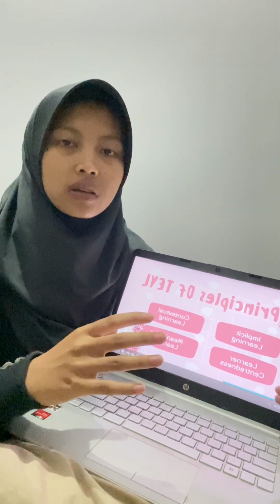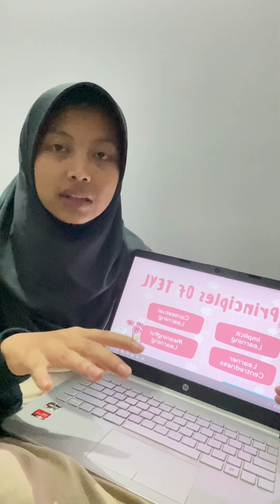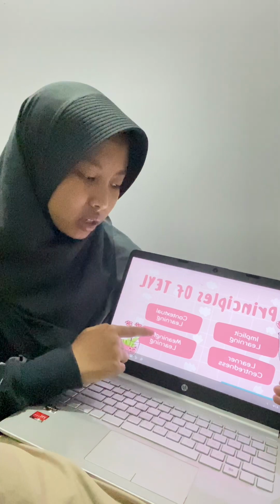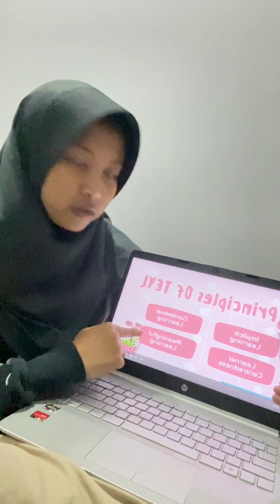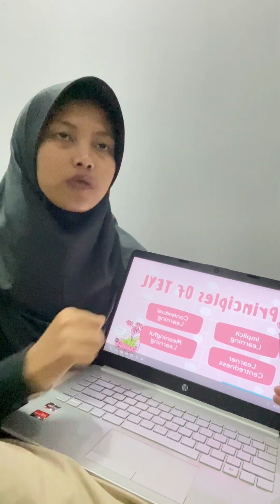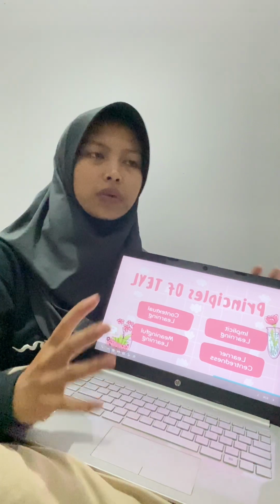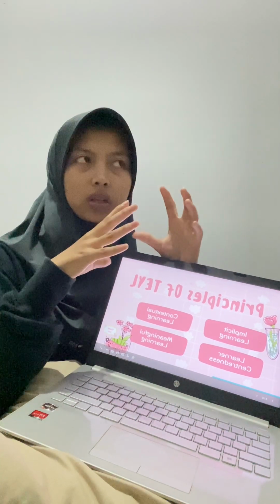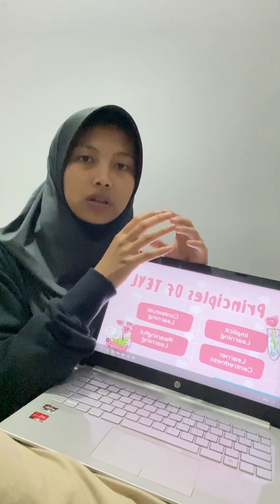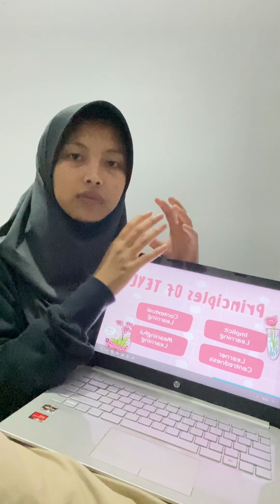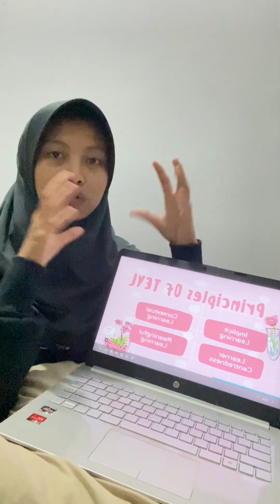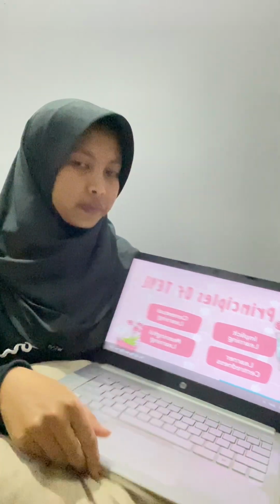It means focusing on what students need and their interests. And the last is meaningful learning. Meaningful learning connects old knowledge and new knowledge, like that.